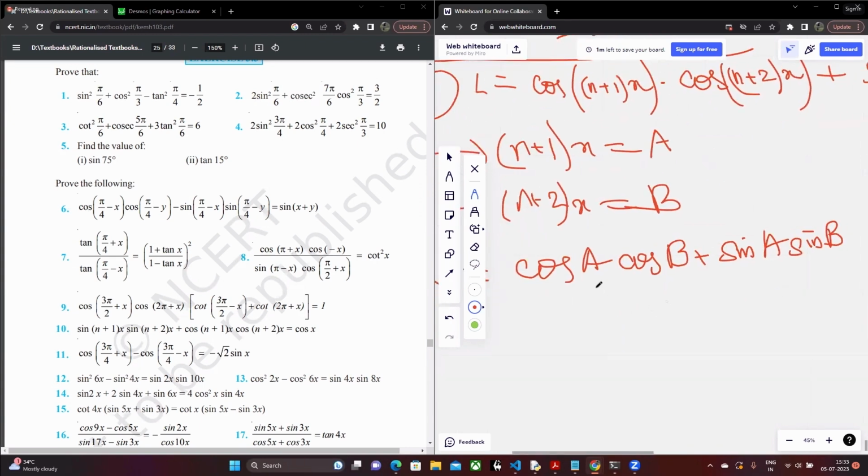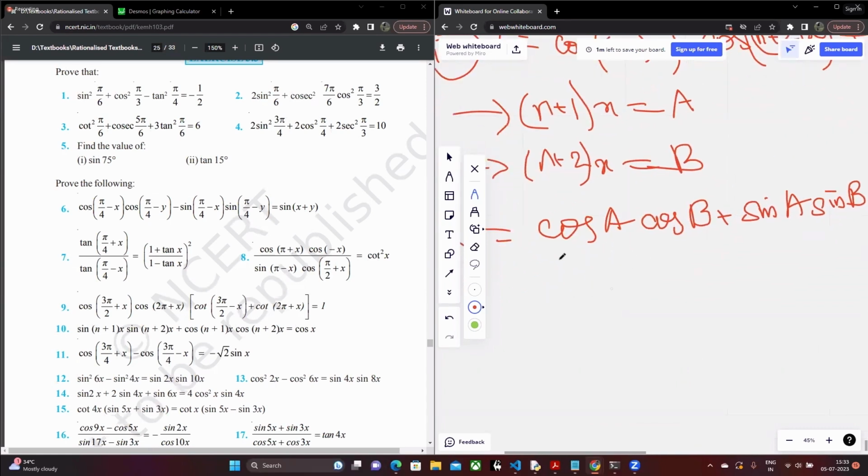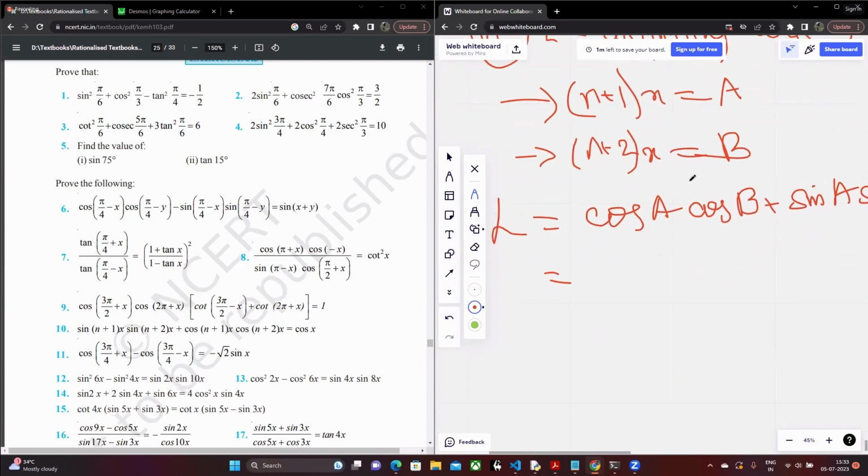We will remember that cos x cos y plus sin x sin y is basically cos of x minus y, right? Or cos of y minus x, whatever. Both are the same, because cos of minus x is cos x. So you have this to be cos of A minus B. Right?